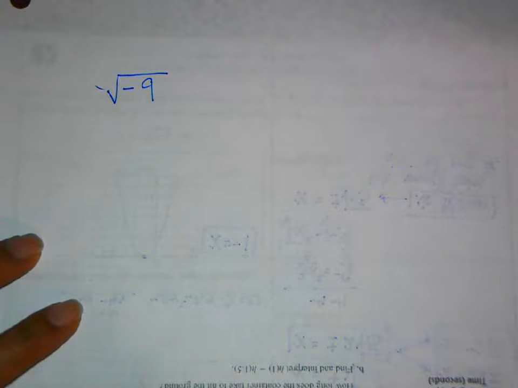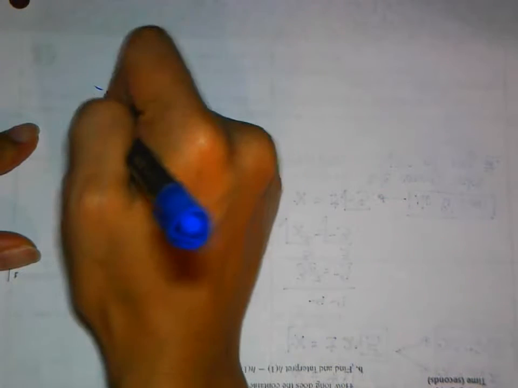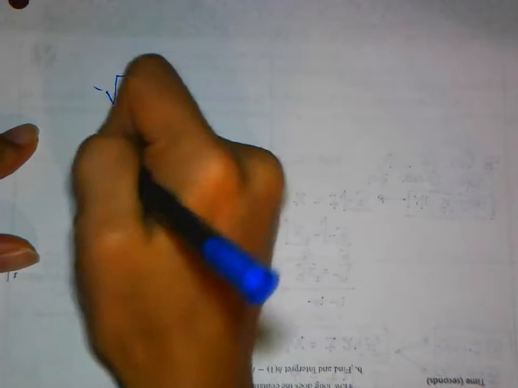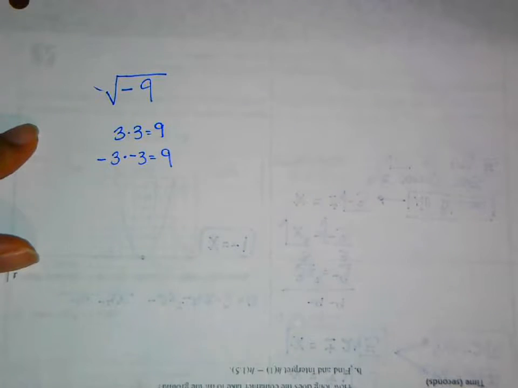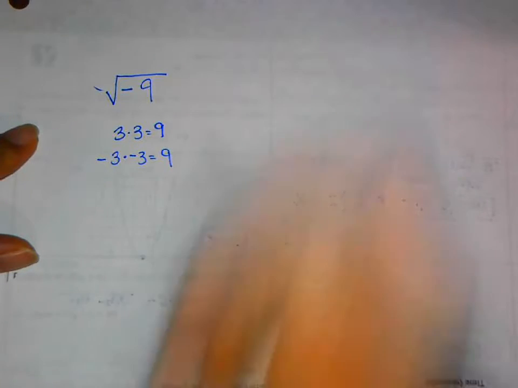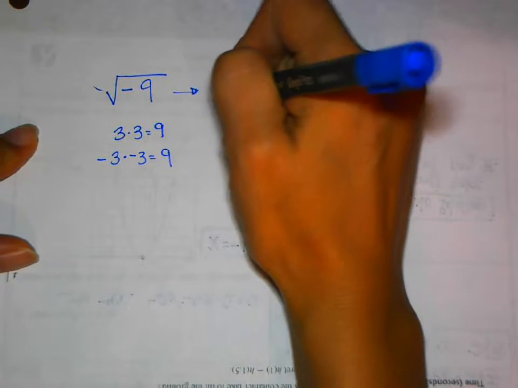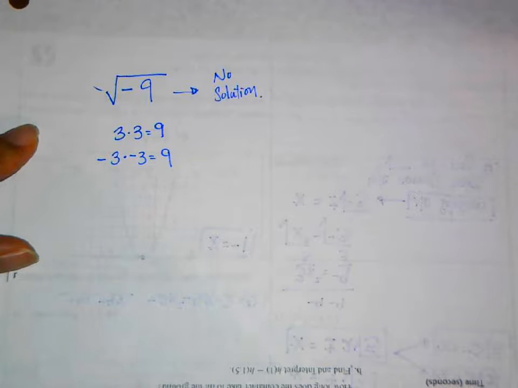Okay, so where we left off, we said that we cannot take a square root of a negative number because 3 times 3 is going to give me a positive 9, and negative 3 times negative 3 is still going to give me a positive 9. And what we ended up saying was this was no solution because you cannot take a square root of a negative number.